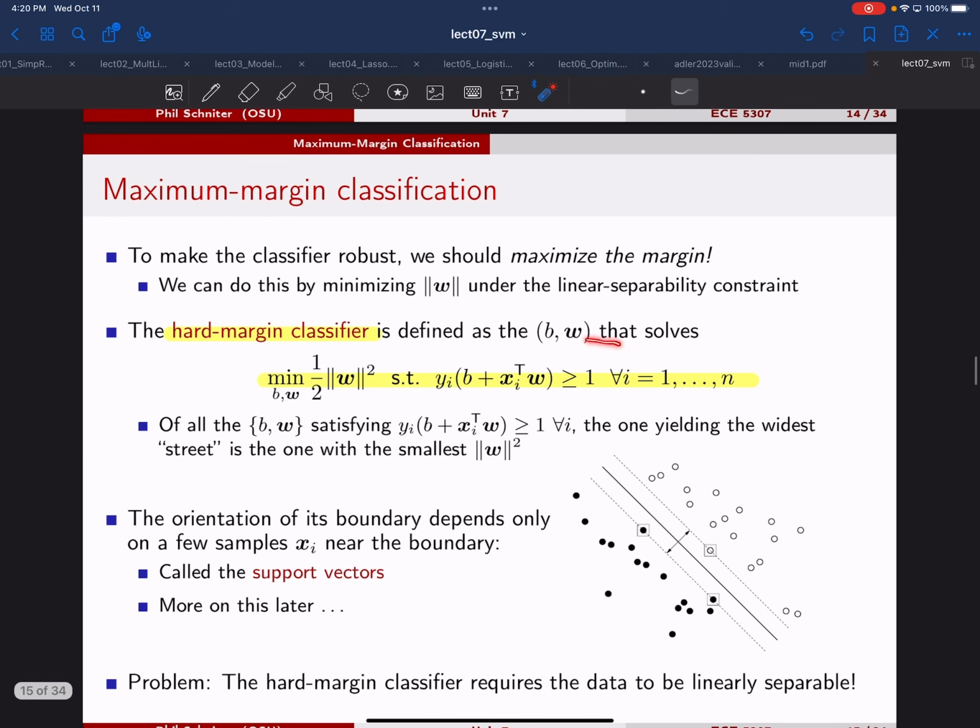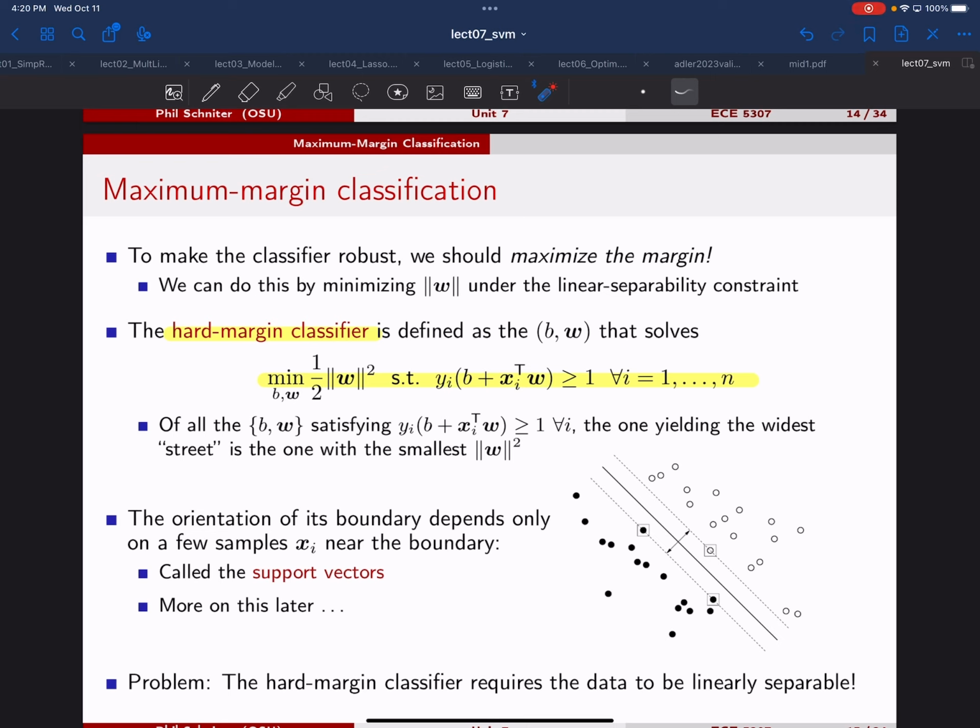But then this part is a constraint, such that this inequality holds for all data points. This is ensuring that we have linear separability, because without this, minimizing the norm of W is not useful. Okay, so we have those two pieces together, and this is the hard margin classifier.